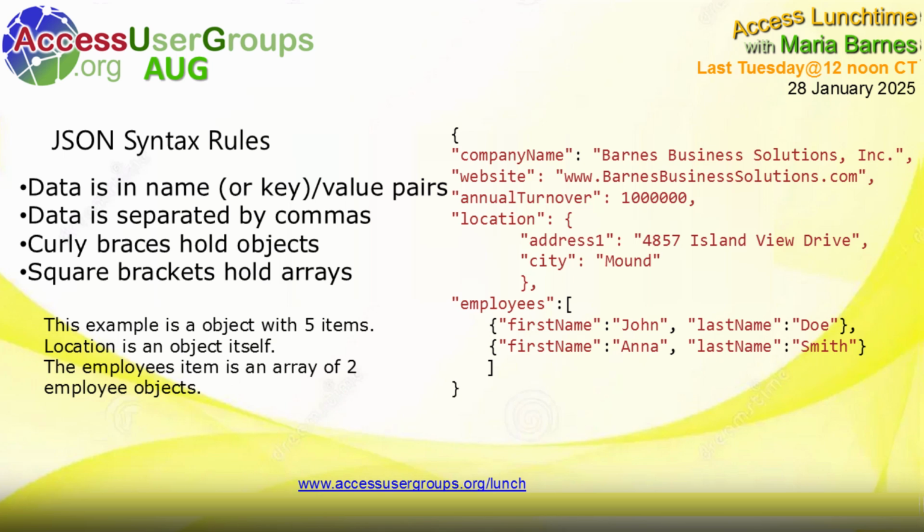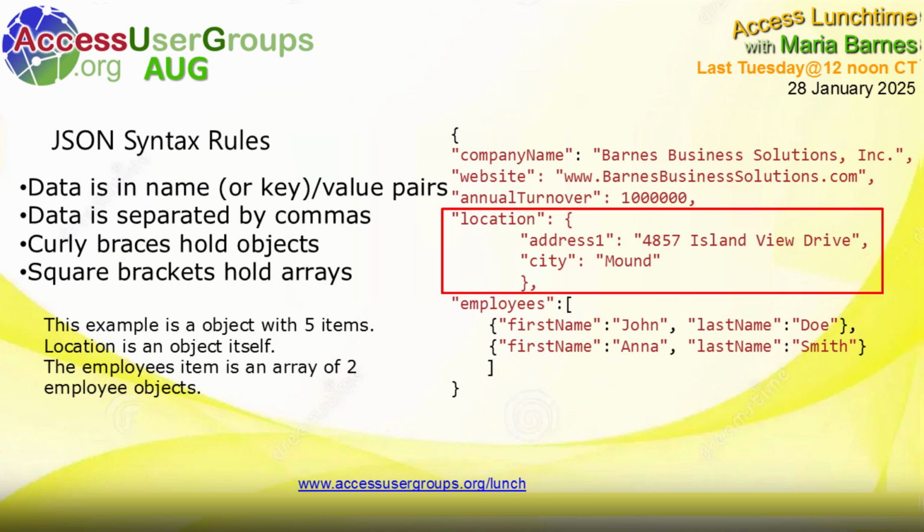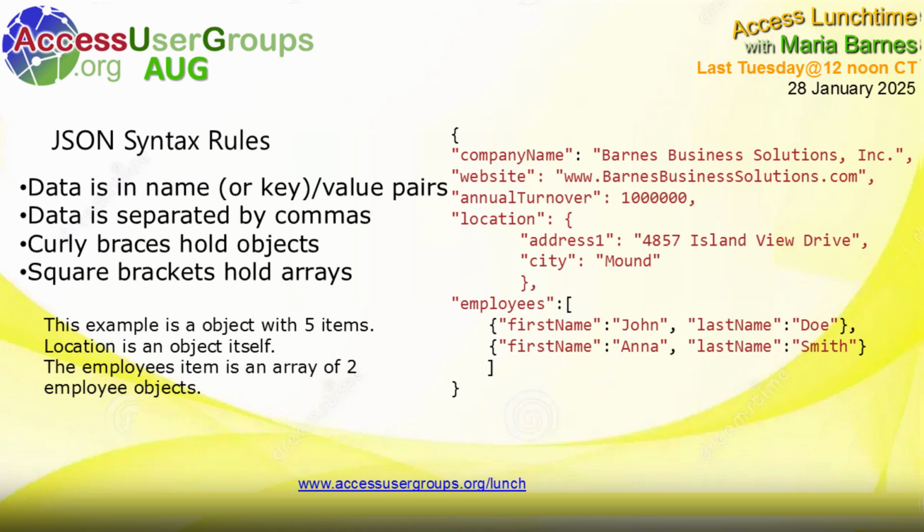When you communicate JSON to the web, usually it's all in one mushed up string without any line feeds or spacing like we have here underneath location. That makes it easier to read, but that's usually not part of the string that you pass back and forth to the web. It's usually in a straight format or a non-pretty format. So the data is separated by commas.